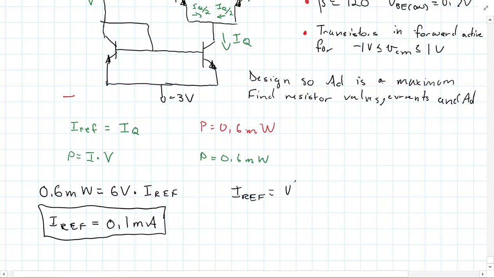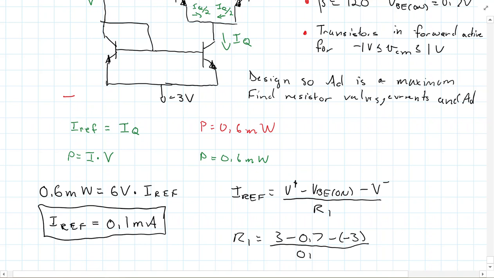is equal to V plus minus VBE on, minus V minus over R1. In other words, R1 is going to be equal to 3 minus 0.7 minus negative 3 divided by 0.1 milliamps.